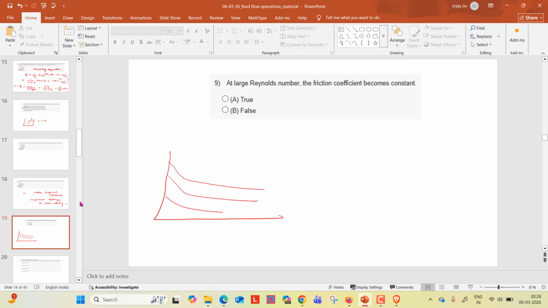It is Re versus f. This portion is for laminar flow and this portion is for turbulent flow. You have seen that in the high velocity region, that means the higher Reynolds number, the friction coefficient f is not anymore dependent on the Reynolds number, so it becomes constant. You can see here the graph, right? It is only dependent on the surface roughness, so it is true.